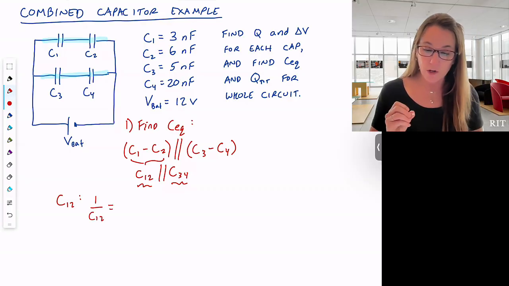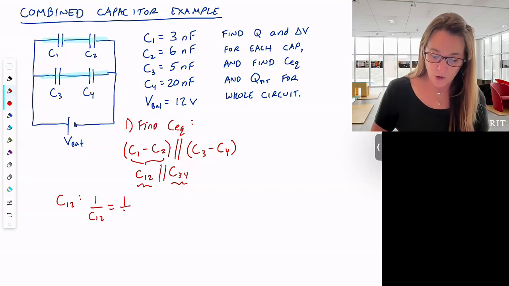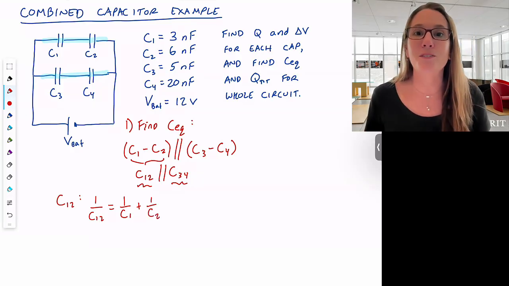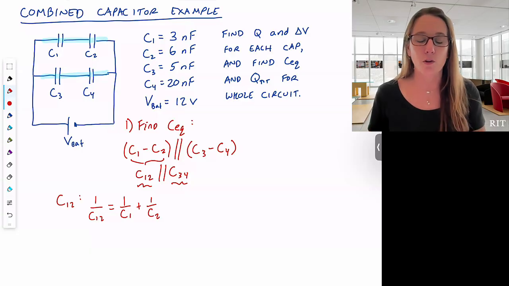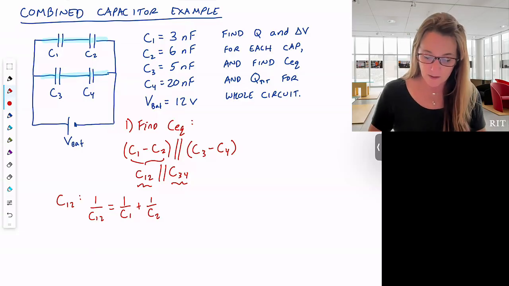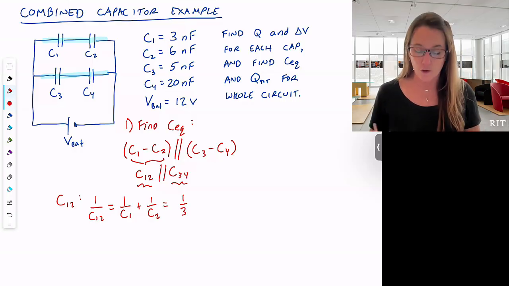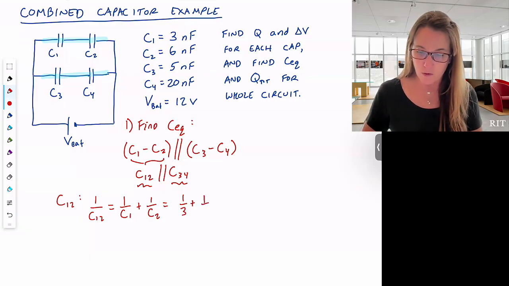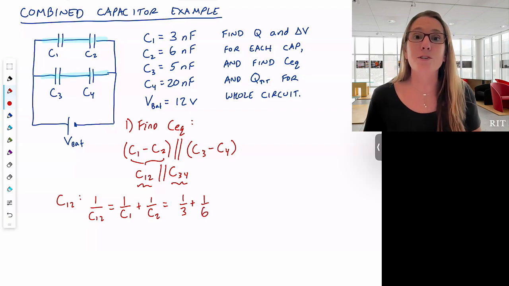1 over C12 is equal to 1 over C1 plus 1 over C2, and that just comes from our rules from our previous information in this module on how to combine things in series. So we use these values as 1 over 3, and I'm going to just assume these are all nanofarads, keep nanofarads and drop the units here, plus 1 over 6.